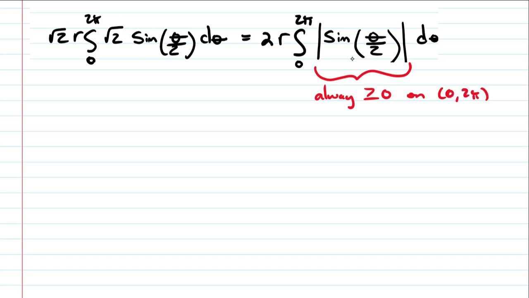So then sine theta over 2 is going to be equal to the absolute value of sine theta over 2 on that same interval. So now we just need to integrate 2r times the integral from 0 to 2 pi of sine theta over 2 d theta.